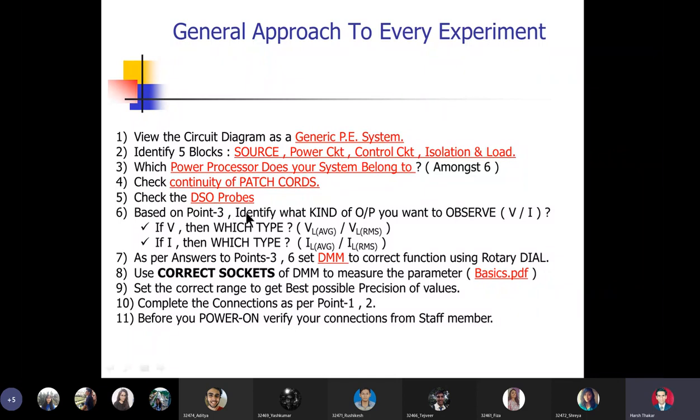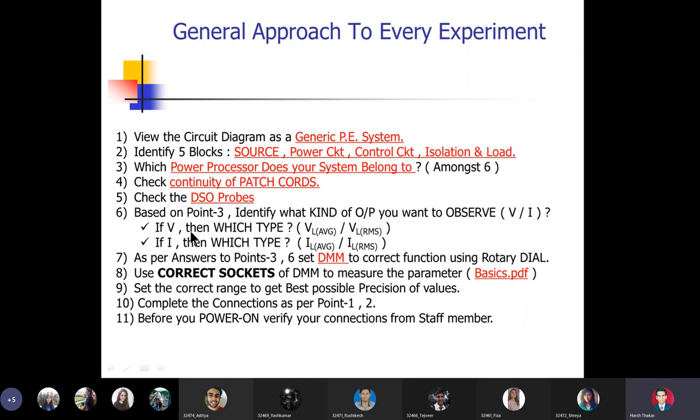It has happened many times that, assuming the DSO probe is working properly, the student has used it and then sees that the waveforms are distorted to different degrees. So if you want to observe the different waveforms associated with any kit, you should first make sure that the probe is working properly. And all of you being in third year, you must have surely checked the correct functioning of DSO probes. How? I will tell you later.